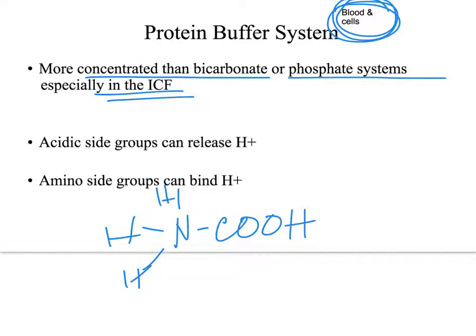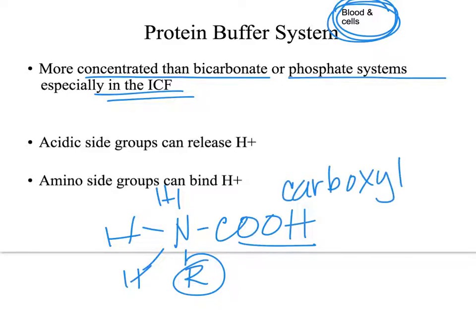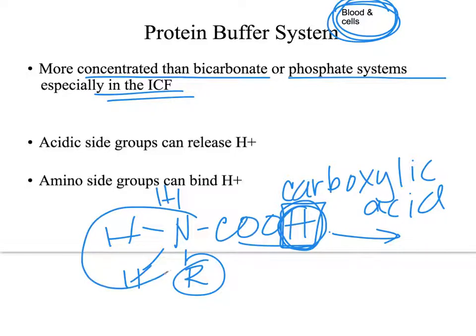This is what we call the carboxyl group, or the carboxylic acid. If it needs to, this can be ionized and can be released. The amino group, which is over here, could pick up a hydrogen. So essentially these amino acids are working as a buffer.